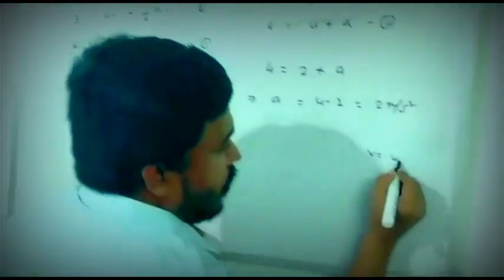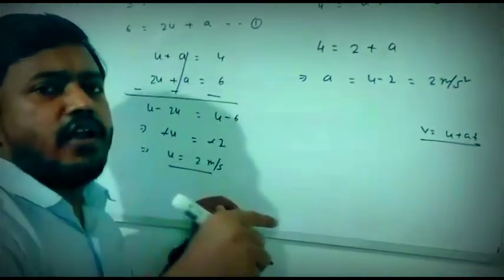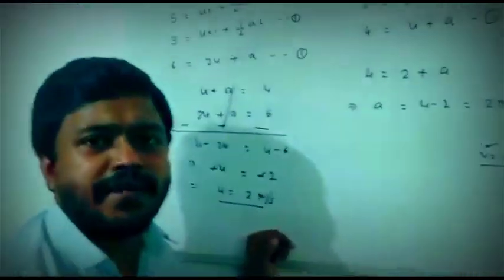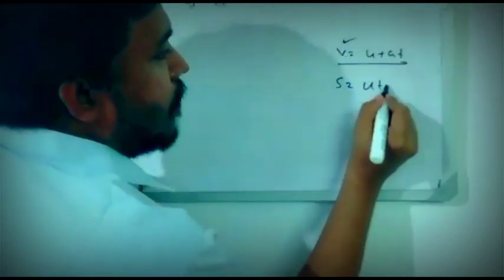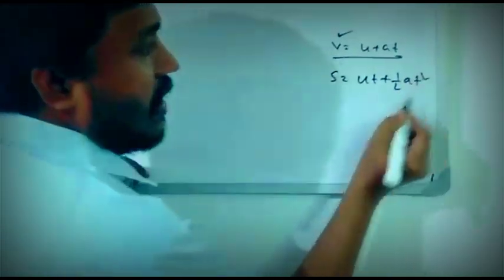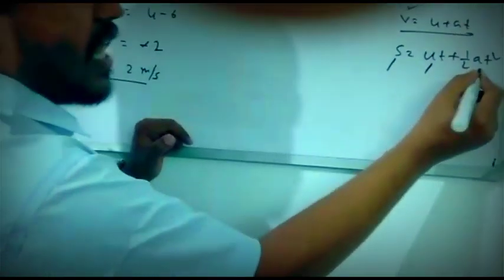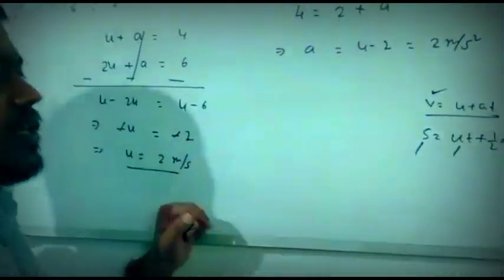One is V equals U plus AT. By this equation we cannot find the value of displacement, because in this equation there is no parameter in terms of displacement. Second one is S equals UT plus half AT squared. This equation contains displacement, initial velocity and acceleration also. So this is the preferable equation for solving this numerical.